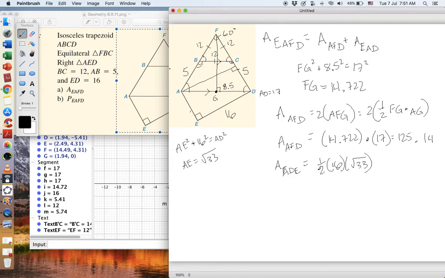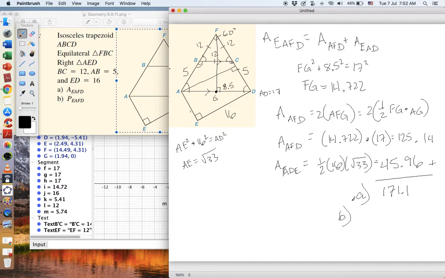And that's where we get our triangle area formula, 1/2 base times height, and this is equal to 45.96. And so we're going to add these two together, and we get the total area is equal to 171.1. So that's part A.